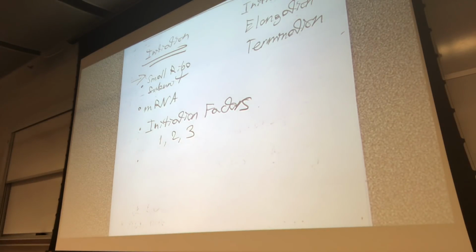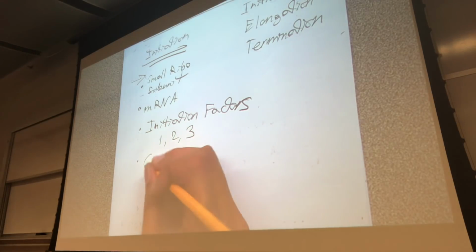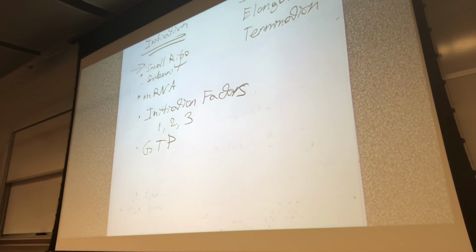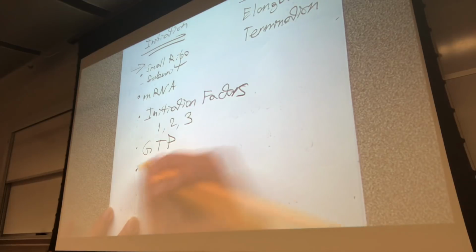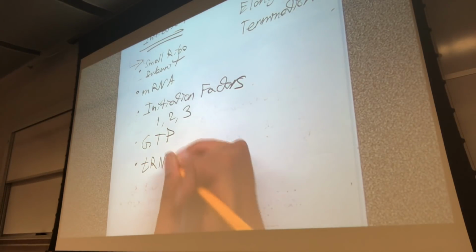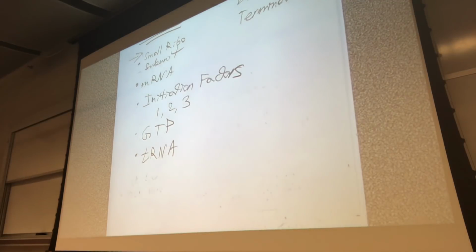What's the energy unit that we need to power this whole thing? GTP, you definitely need that. So, small ribosomal subunit, mRNA, initiation factors, GTP. Oh yeah, one more thing: the very first tRNA. What is it holding on to when we talk about prokaryotic translation initiation? It's a tRNA holding on to what amino acid?